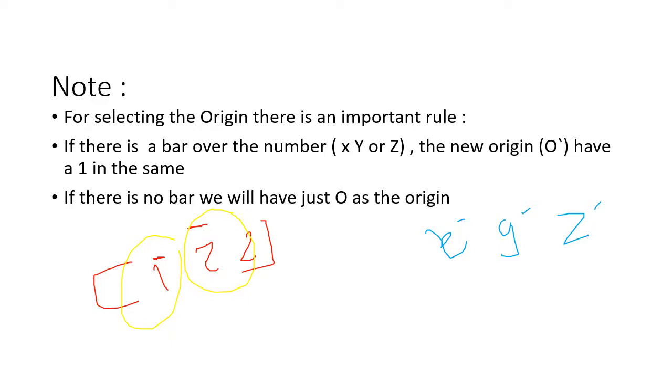So as you see, if there is a bar over the number, the new origin has a 1 in the same position. So x prime equals 1, y prime equals 1, and z doesn't have any bar. So we will just select it as it is, and z prime is equal to 0. It's important. And in the next slide, I will solve more examples, and we will show it in simple cubic.